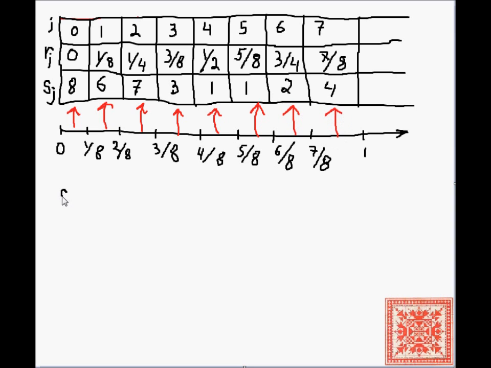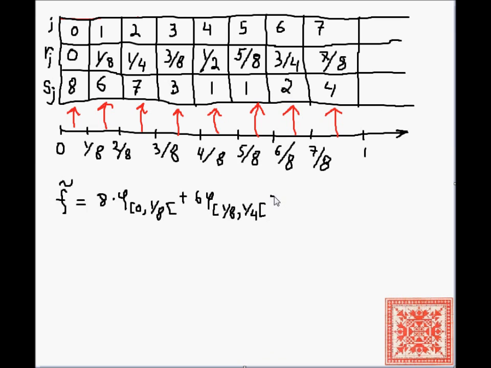Okay, so the step function can be represented as a sum of those stair steps. 8 times phi on the interval from 0 included to 1 over 8 excluded, plus 6 times phi on the interval from 1 over 8 included to 2 over 8, or 1/4, excluded.